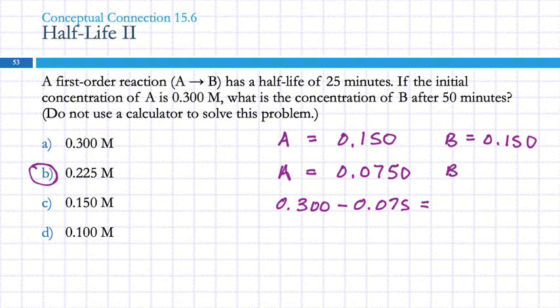And after the second half-life, we're going to add another half of that. So 0.150 plus half of 0.150. I don't think that helps at all. That was a nice mess. Any questions? I'll never say don't use your calculator on an exam.